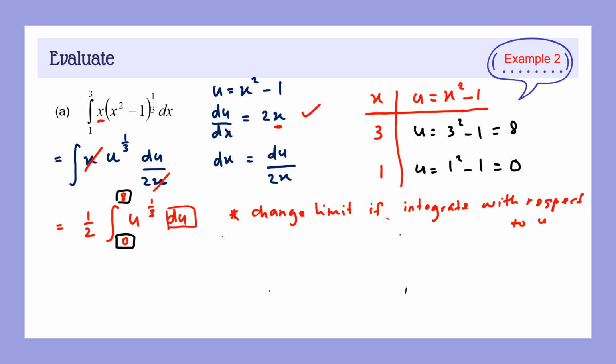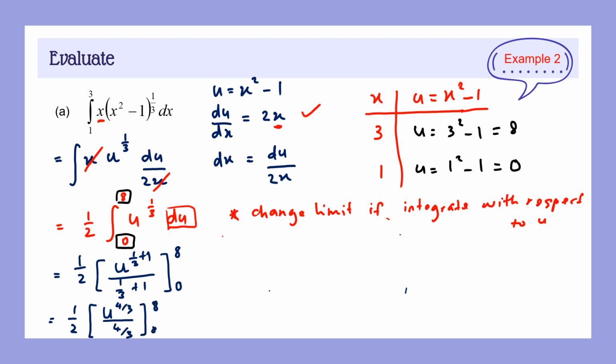Okay, so then we continue, we integrate, so then we get 1 over 2, integrate u power 1 over 3, we get u power 1 over 3 plus 1 over 1 over 3 plus 1 with the limit 0 to 8. And then we simplify, we get 1 over 2, u power 4 over 3 over 4 over 3 from 0 to 8. And then we substitute the upper limit first, then the lower limit.